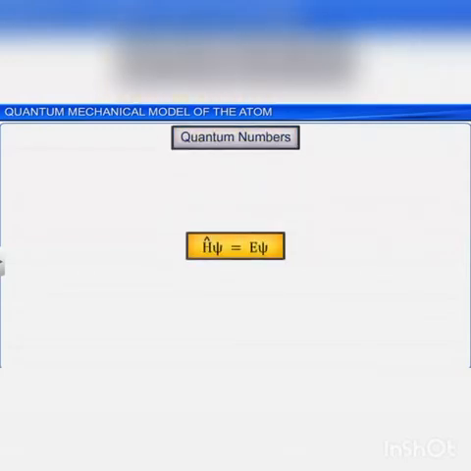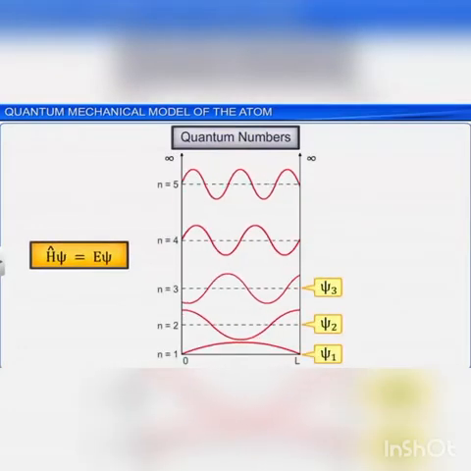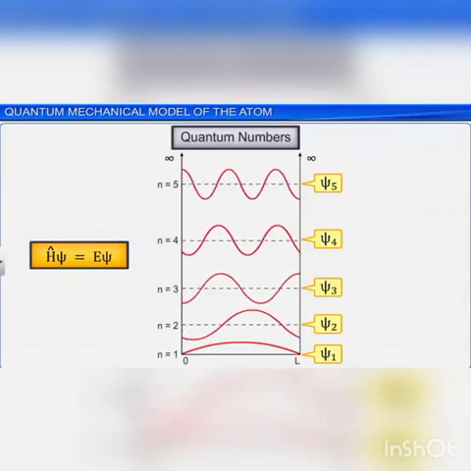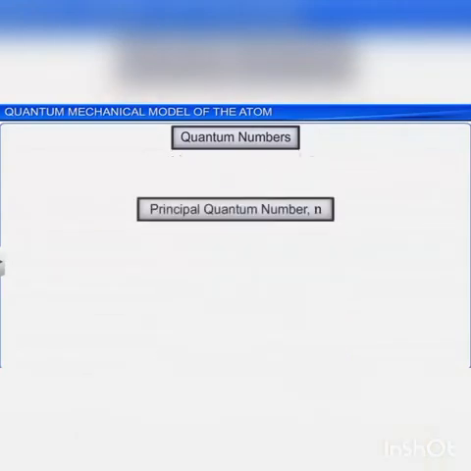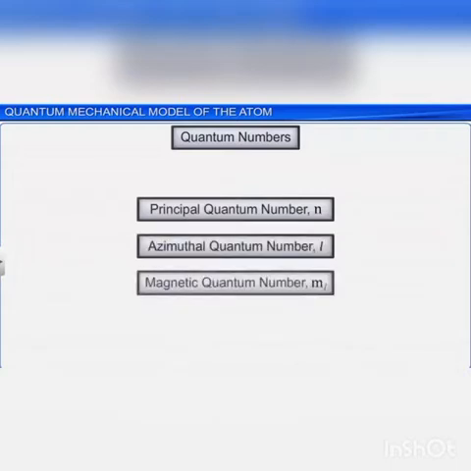On solving Schrödinger wave equation for hydrogen atom, the solution gives quantized energy states and the wave functions which are characterized by a set of 3 quantum numbers, which are the principal quantum number, the azimuthal quantum number, and the magnetic quantum number. An atomic orbital of an atom is characterized by these 3 set of quantum numbers.